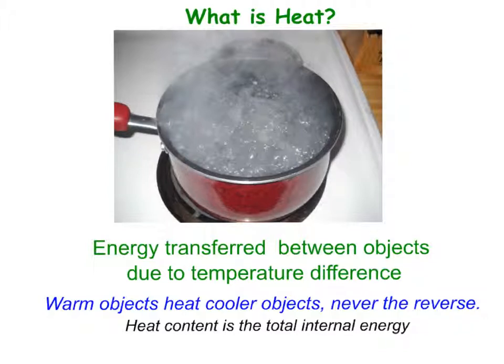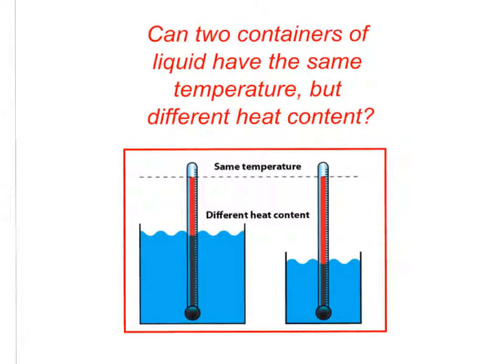Another way to think about this, if it helps, is just that the heat content of something is the total internal energy. So here's a question for you. Can two containers of the same liquid, with the same temperature, have different heat content?